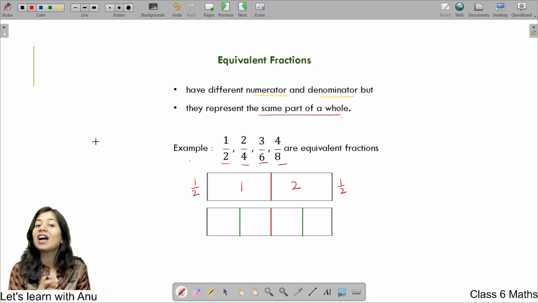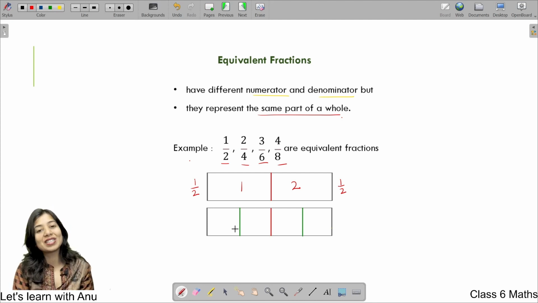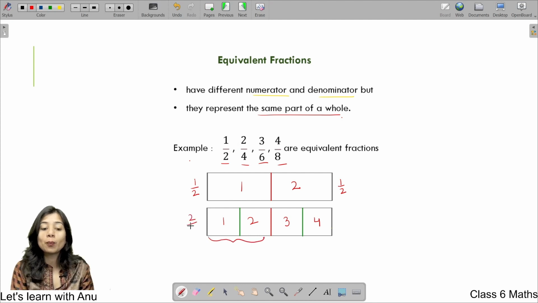He said, Didi, I don't want one piece, I want 2 pieces of chocolate. I agreed to him easily. Why, class? Because I already knew equivalent fractions. I divided the chocolate further into 2 parts, which means I divided it into a total of 4 equal parts, so that each one of us will get 2 parts out of 4 parts.